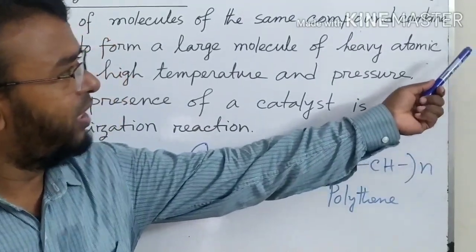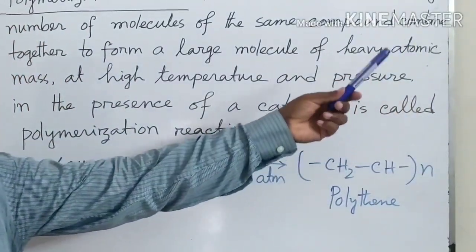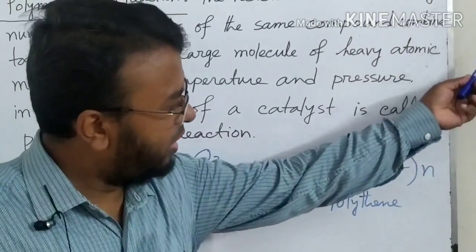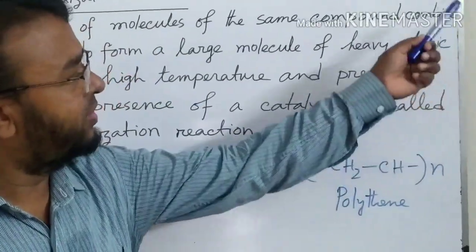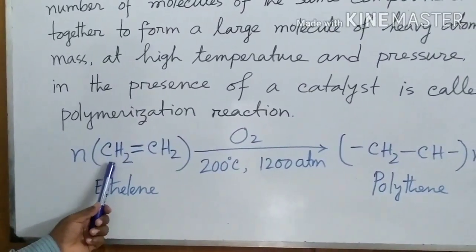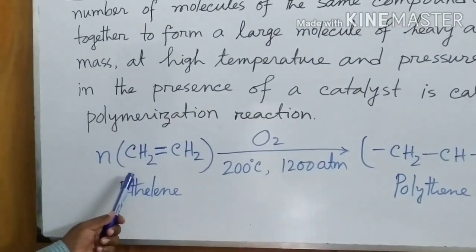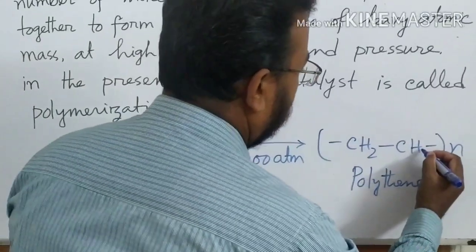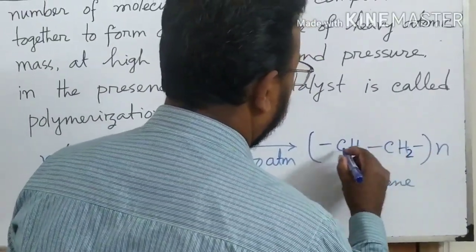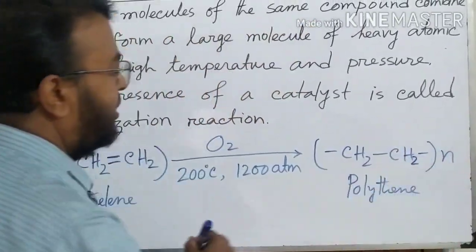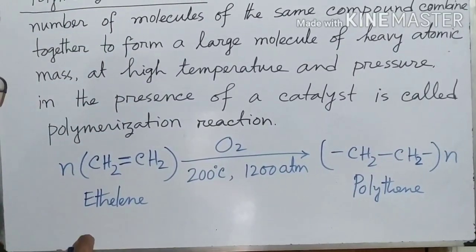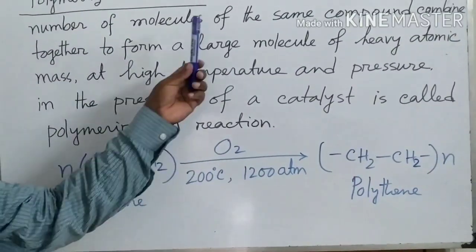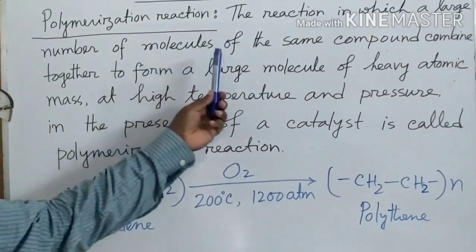So all the bricks are the same. So a large number of bricks makes a wall like this. Here the ethylene, a large number of molecules, combined together to form polythene. It is CH2 single bond CH2 and n indicates the big molecule.